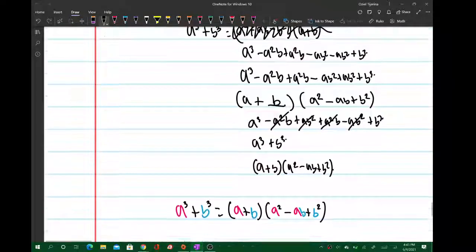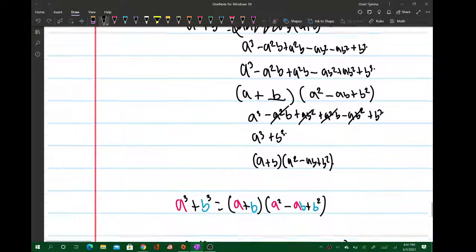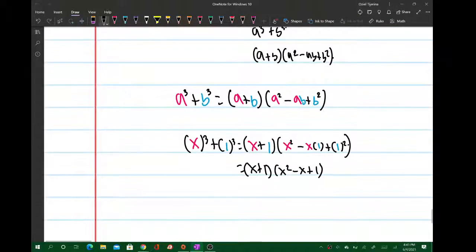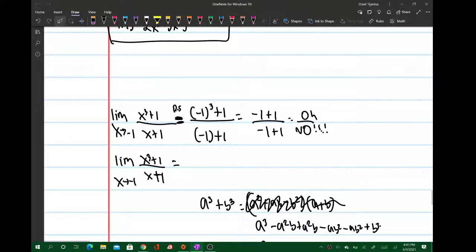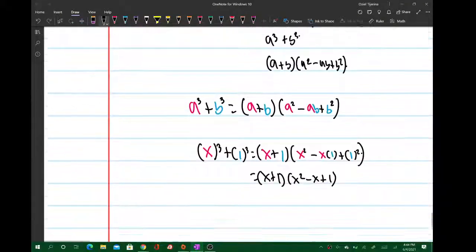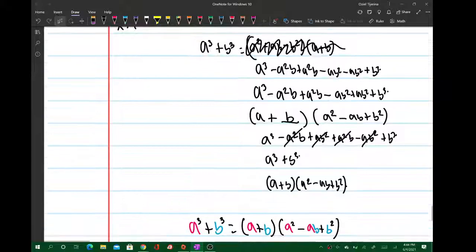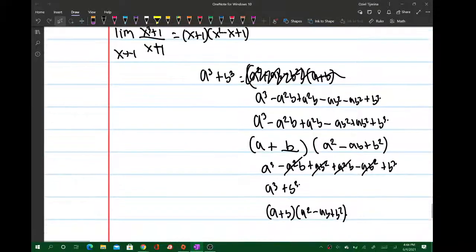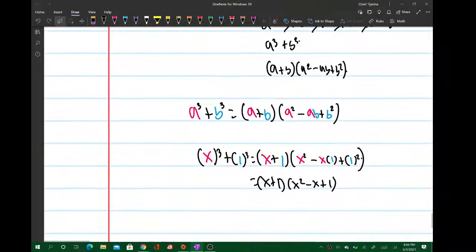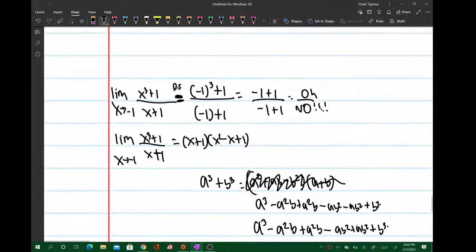So in reality, this is equal to x plus 1 times x squared minus x plus 1, over x plus 1.